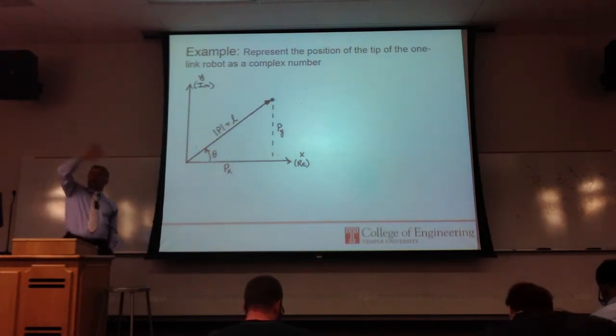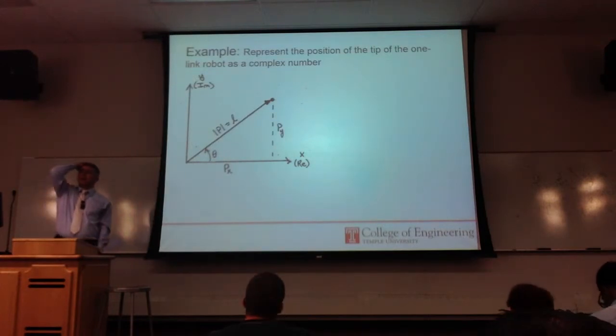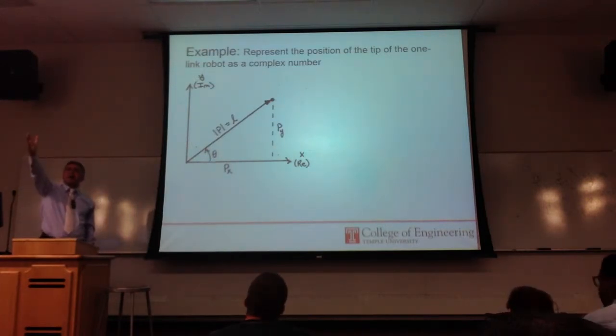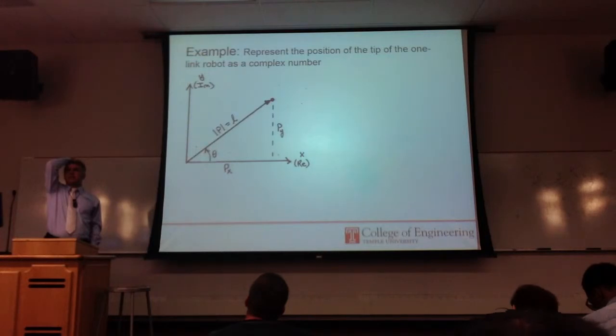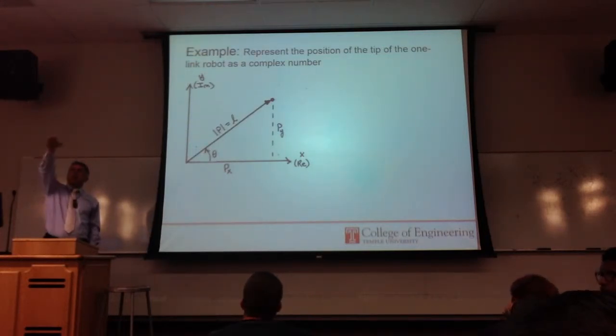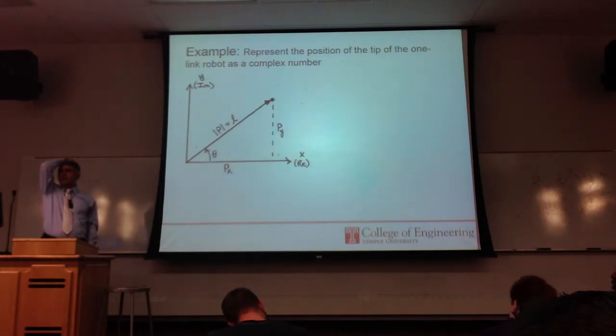Somebody at the back. Come on, take a crack at it. No one's going to laugh at you. Go on. I'm going to use px and py using I and J coordinates. How do you describe it? Well, I want to see somebody in the back. Come on, raise your hand. It's okay to make mistakes. Go ahead.